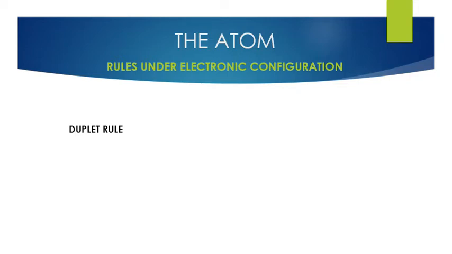So I just want to remind you that whenever we see DU read as do, we mean 2. So even for this rule, it's based around the number 2. It simply states the maximum number of electrons in the first shell is 2.